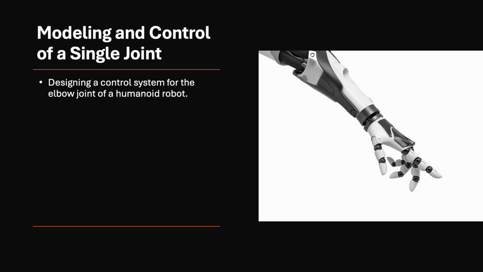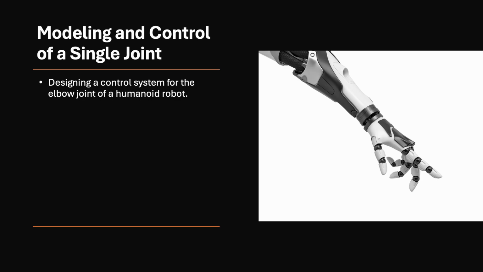The first step in the design process is to model the dynamics of the elbow joint, taking into account factors such as the mass of the forearm and any payload, the inertia of the joint, and the friction characteristics. This dynamic model serves as a foundation for developing control algorithms that can regulate the joint's position, velocity, and torque.